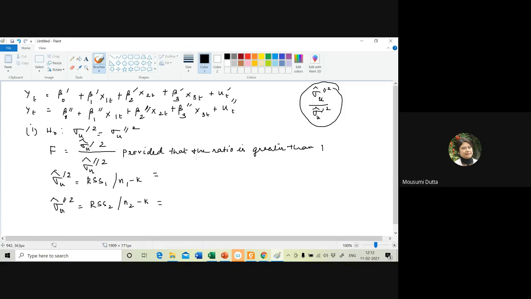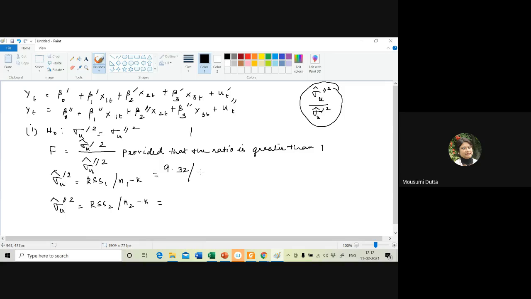So what is RSS 1? In the problem it is given 9.32.